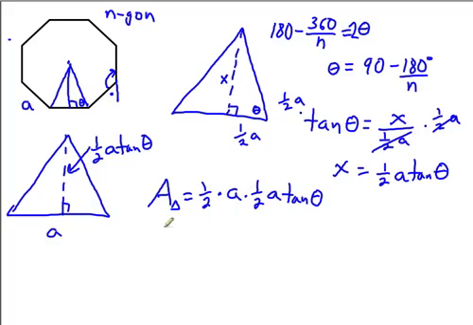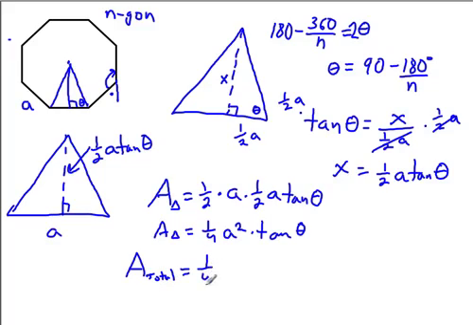So that's going to be a quarter a squared times tan theta. And if we've got n sides altogether, we need to multiply this by the number of triangles, which is going to be n.